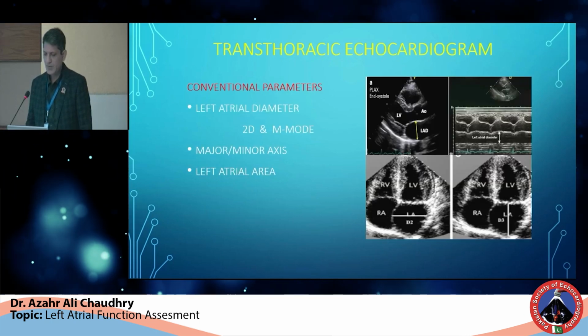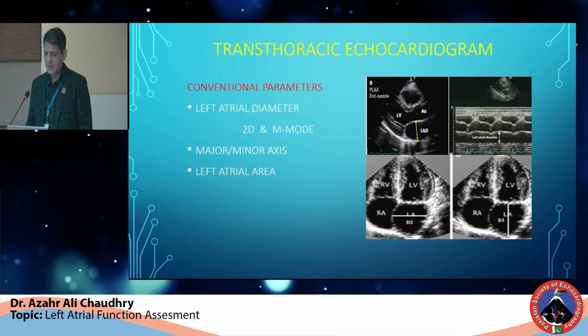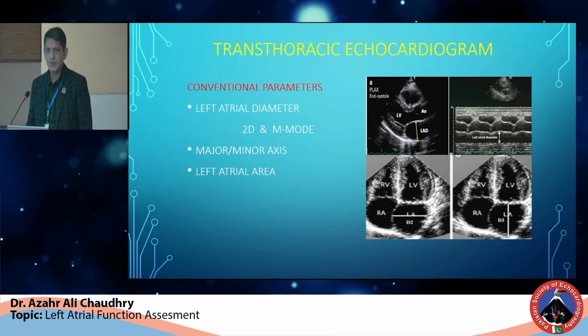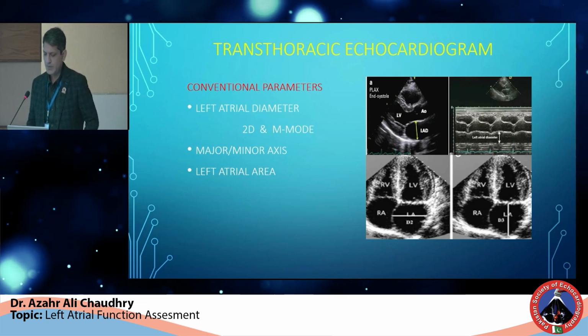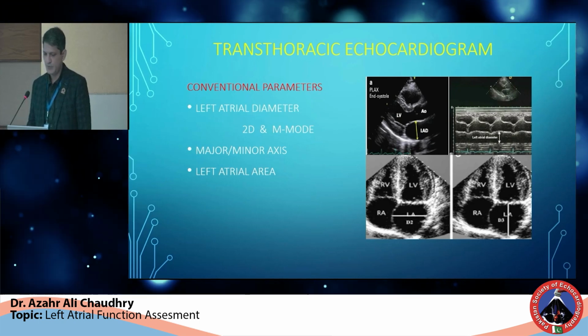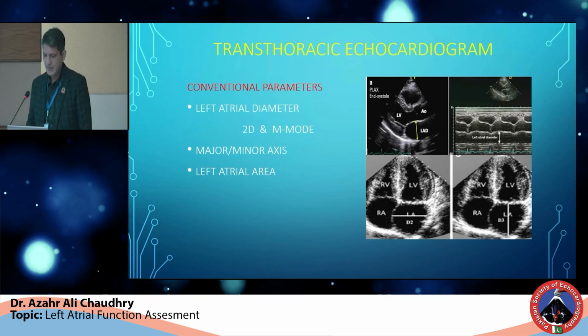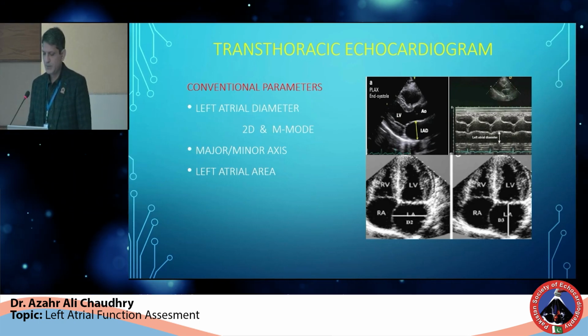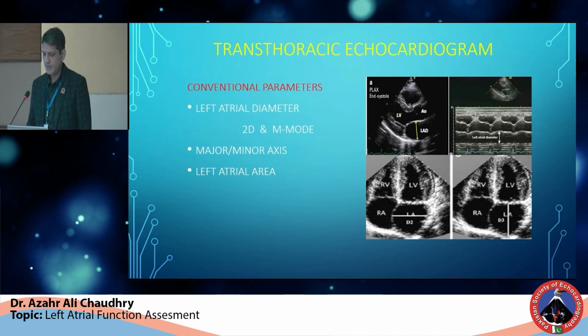Traditional echocardiographic methods like measuring atrial diameter and area are simple and cost effective, but they have limitations such as geometric assumptions and limited prognostic value. Newer methods address these gaps and offer more accurate assessments of left atrial functions.